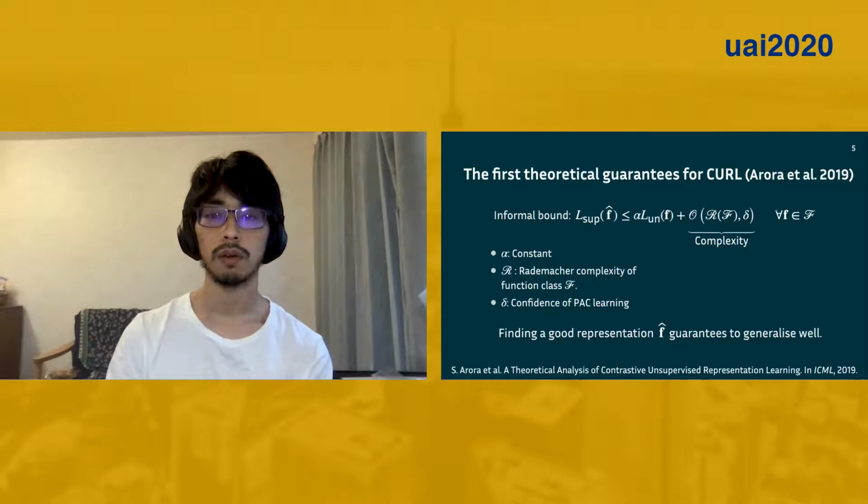They showed that the contrastive unsupervised loss plus a Rademacher complexity-based complexity term is an upper bound of a kind of supervised loss. So the main message of the bound is that finding a good representation f hat by minimizing contrastive loss can guarantee to generalize well on the supervised task.